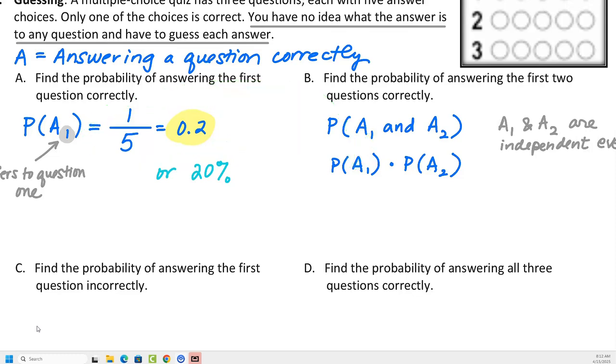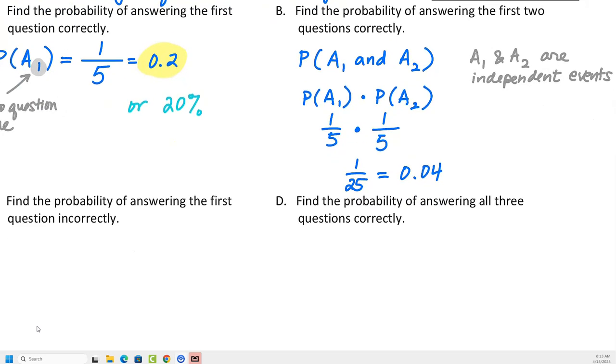A1 is 1 in 5, and A2 also has 5 choices with only one correct, so it's also 1 in 5. When I multiply those, I get 1 in 25, which is 0.04, or 4 hundredths.